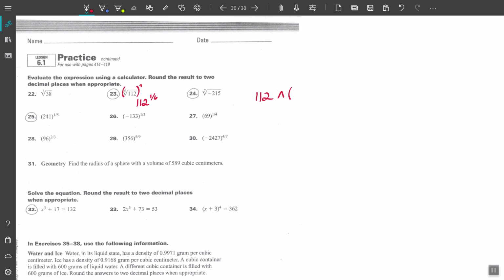So we're going to say parentheses, and 1/6 is really 1 divided by 6. And then end parentheses. That's going to make sure that that exponent gets calculated correctly and doesn't get mixed in with the 112.